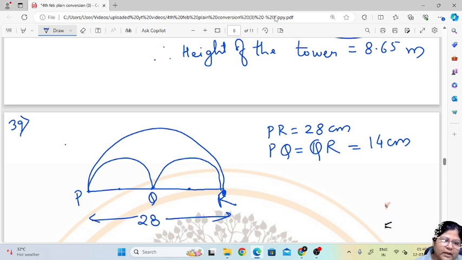Now we have to find out the radius also of PQ and QR, which will be same, right? If I put this O here, I'll put as O dash. So PO dash equals to, no, wrong. Just a minute. PO equals half of 14, that is 7 centimeter.